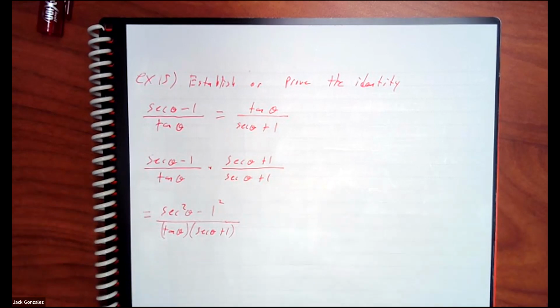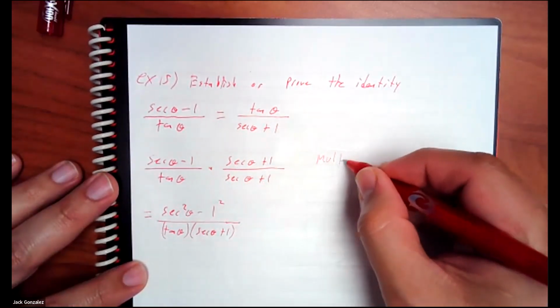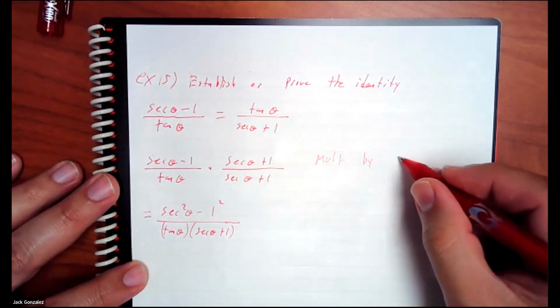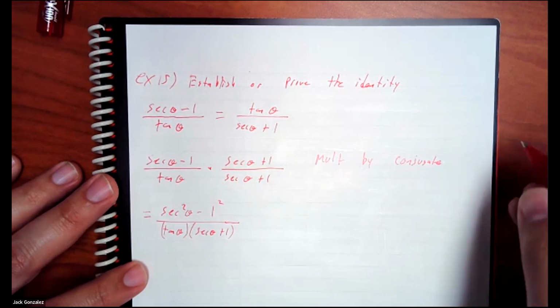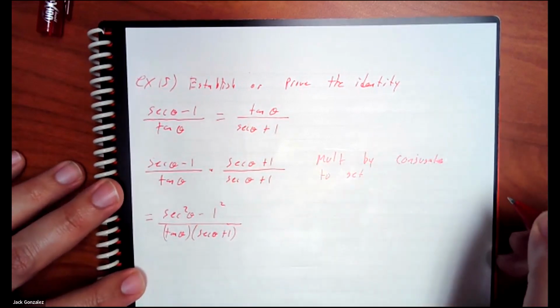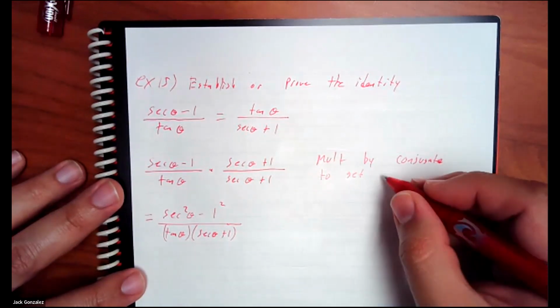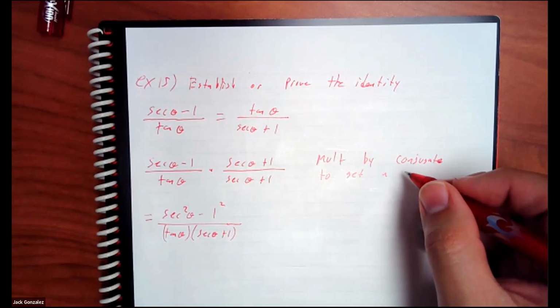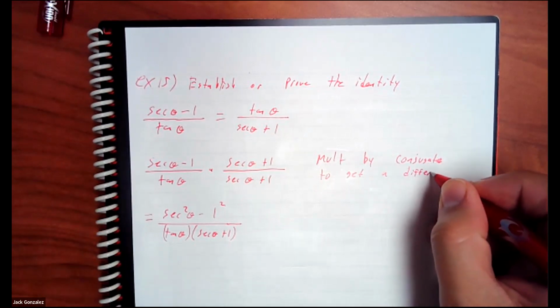So multiply by conjugate to get a difference of squares.